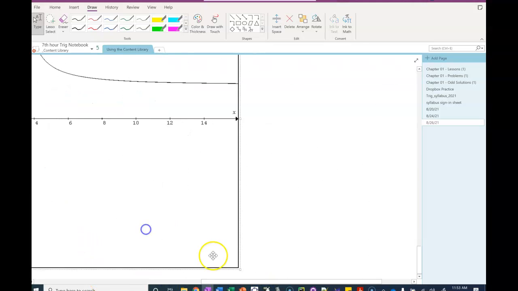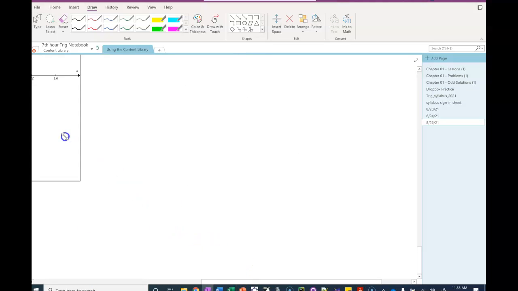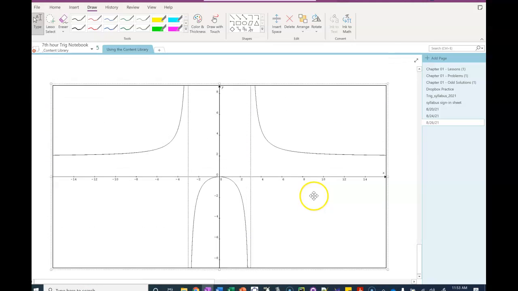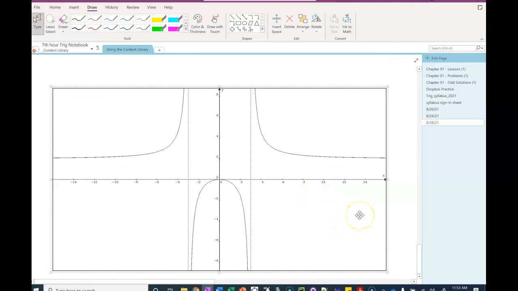Let's do one more example. Because this example is a little bit more complicated, I'm not going to draw this one by hand. I'm going to use the computer to draw it. So first things first, anywhere you see the graph leaving the viewing window, you can assume there's an arrow there.